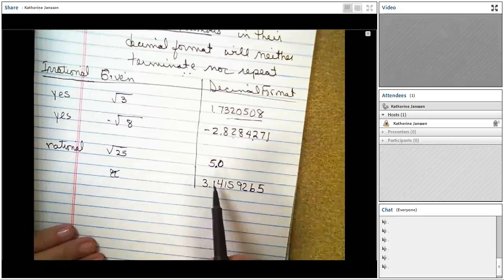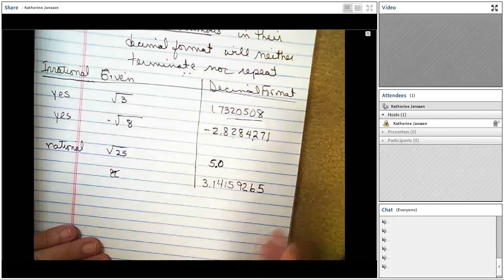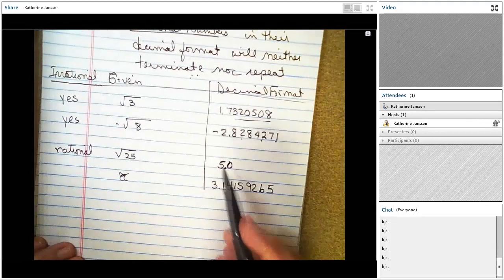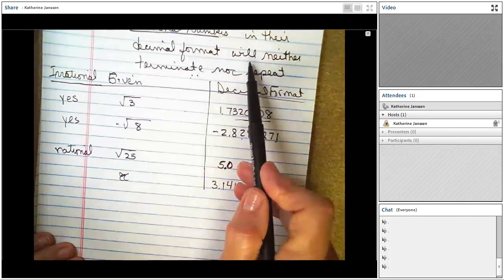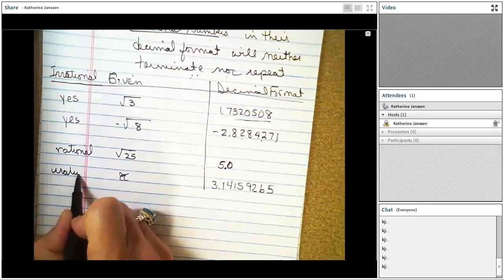Now it doesn't look like this is terminating, and it certainly isn't repeating yet to the best of my calculator. So an irrational number neither terminates nor repeats. So it is irrational.